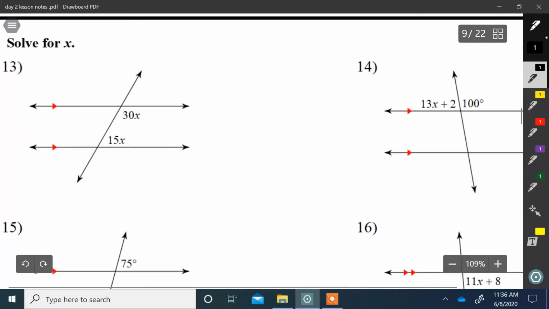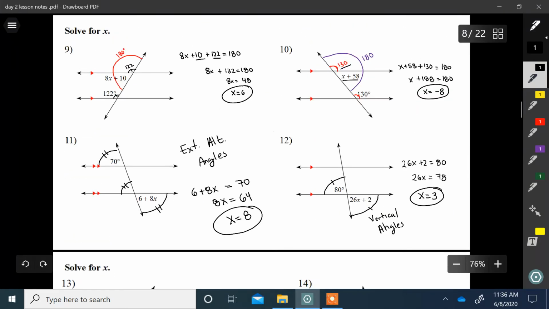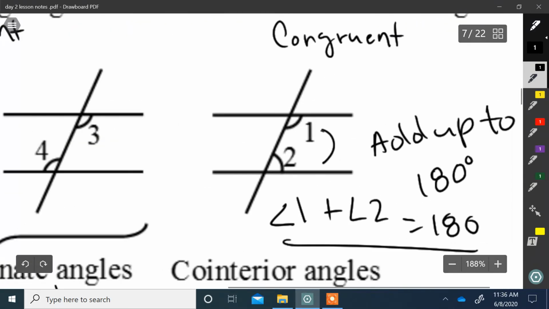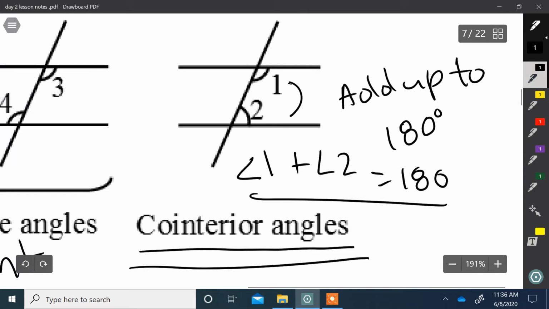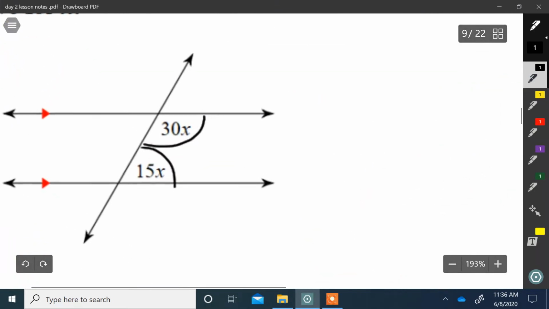All right, let's do a couple more. This and this, we talked about, they look like this one right here. We say that those add up to 180. And guys, it makes total sense that they do. Here is why. Because this angle is congruent to this angle right here. That means that if this is 15x, this will also be 15x.